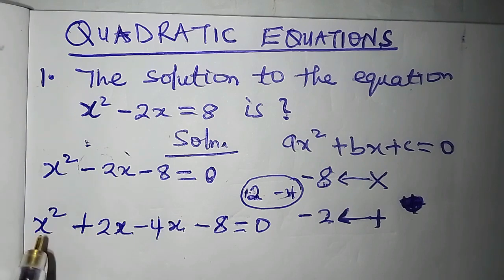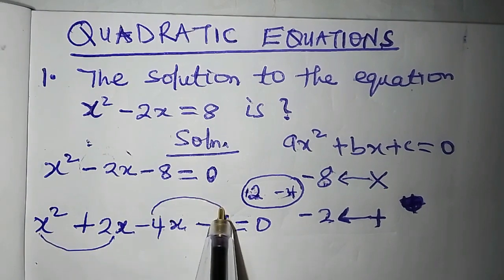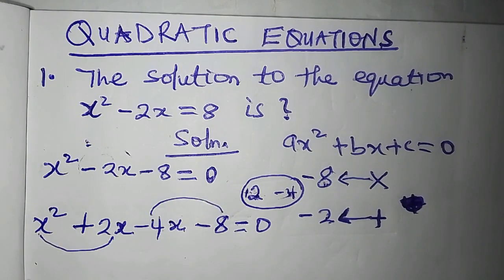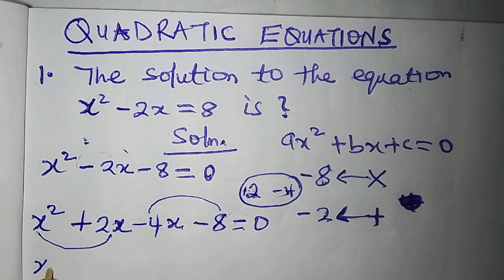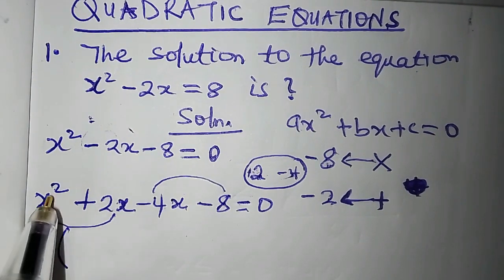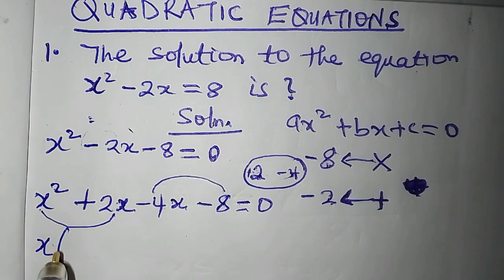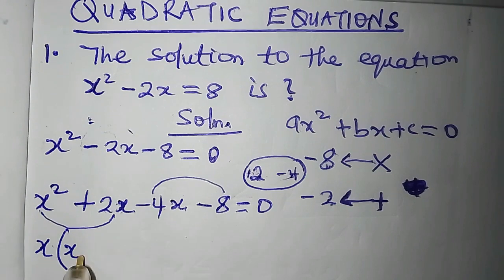This is it. I'll factorize this first 2, and then I'll factorize this next 2. So what is common to these two, x squared and 2x? It is x. I'll bring x out. Open a bracket. x squared divided by x is x. 2x divided by x is 2.